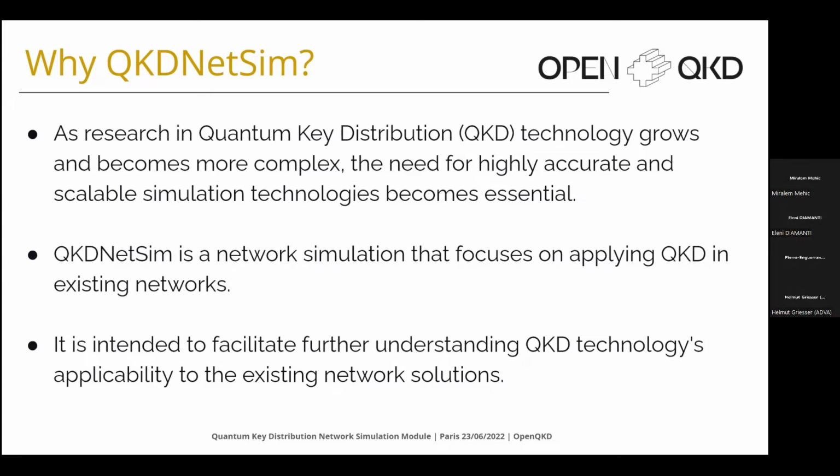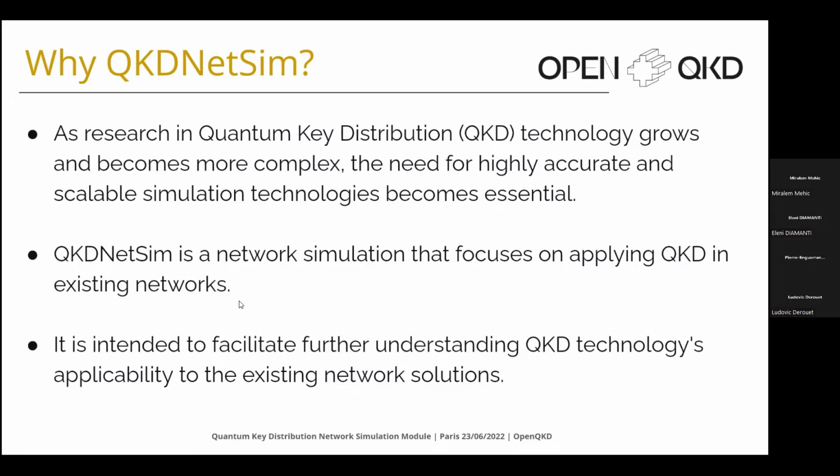The basic aim was this: when you finally have the key, when you establish it using whichever protocol or equipment you decided to buy, rent, or develop, the question is how you want to use this key, where do you want to use it. So the focus of the whole simulator is about applying QKD in existing networks.